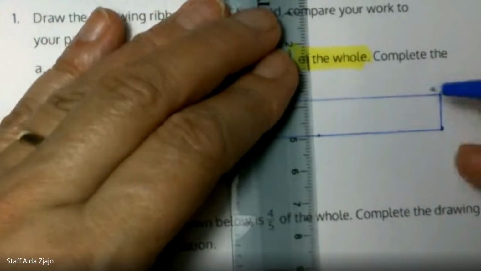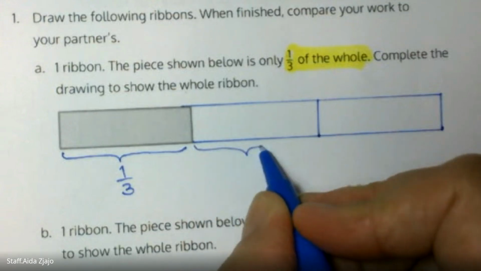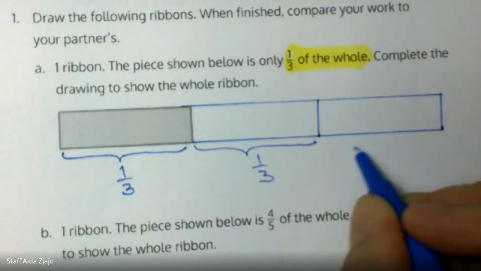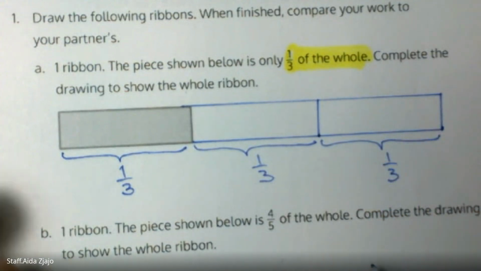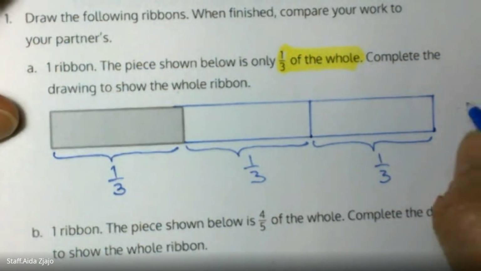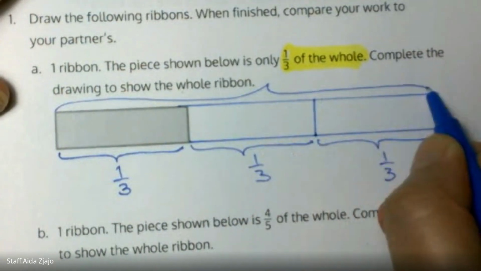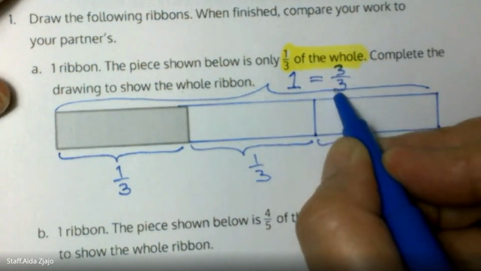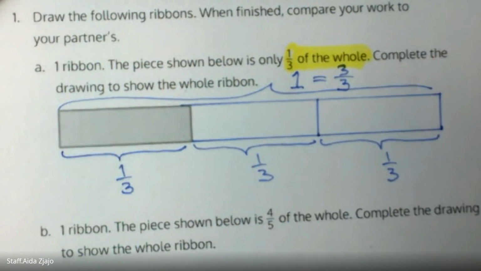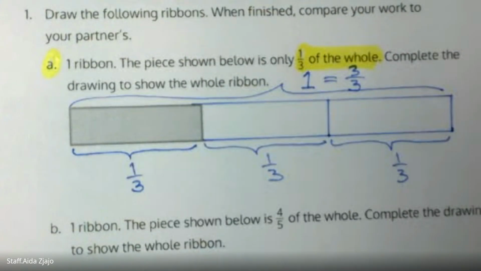So 1/3, 1 more third, and 1 more third makes 3/3, which is a whole. 1 whole equals 3/3. And that's how you answered the A. That was A. Okay.